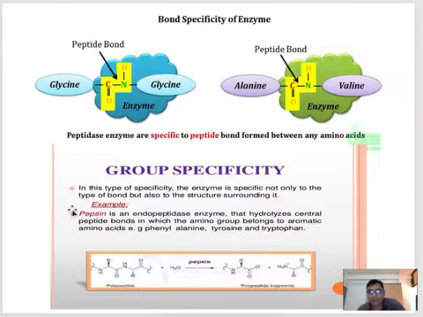Pepsin also acts like peptidases and can break peptide bonds. But for it, the presence of peptide bonds alone is not enough. Those peptide bonds should be formed by amino groups belonging to aromatic amino acids.